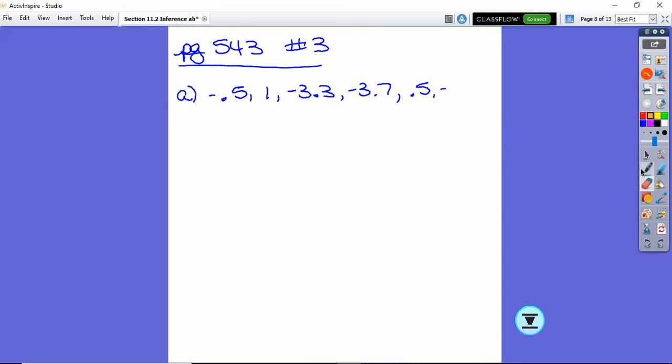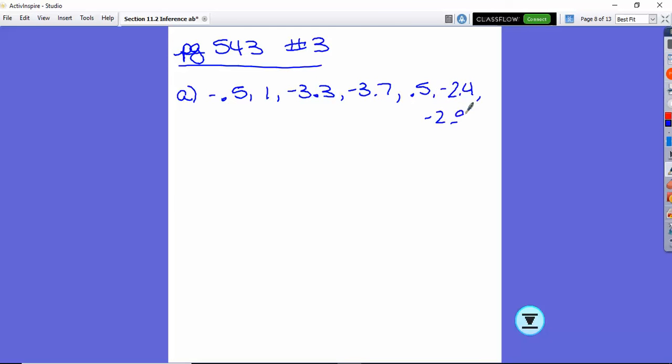What was the next one? Negative 2.4. Okay. So if I asked you for the differences, you can use your calculator to get them and then just write down the numbers you got.